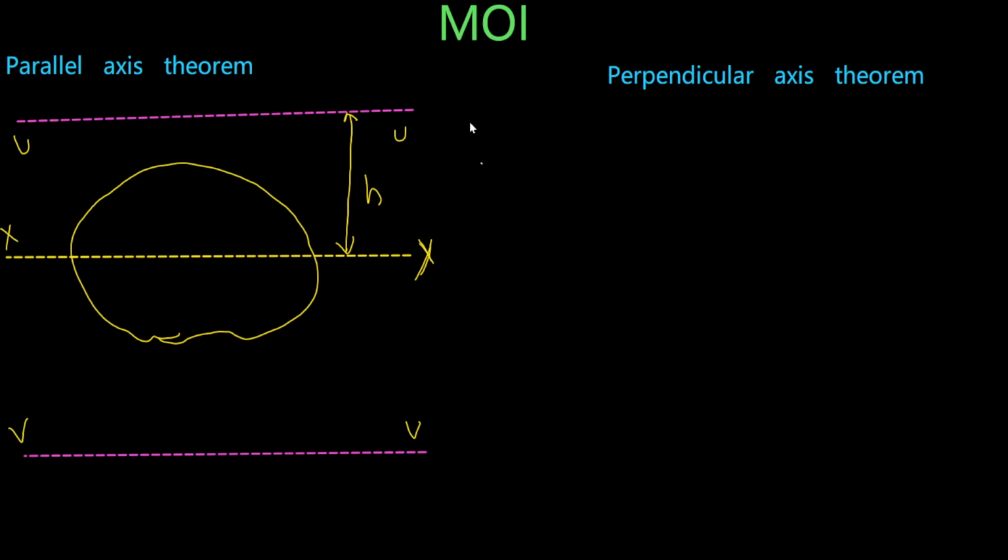I'm giving you the distance between the xx axis and the vv axis, suppose t.